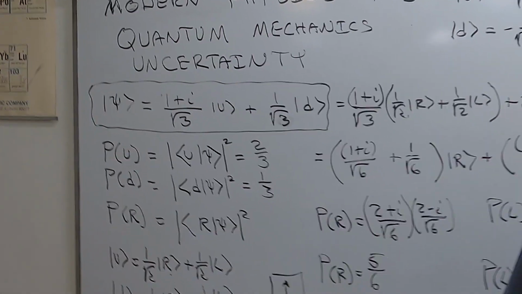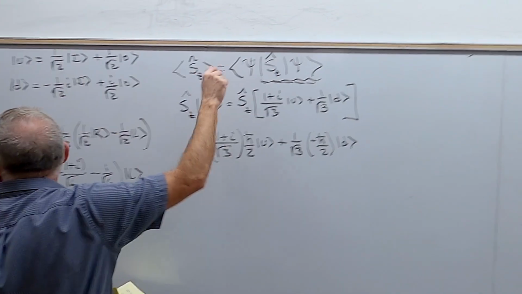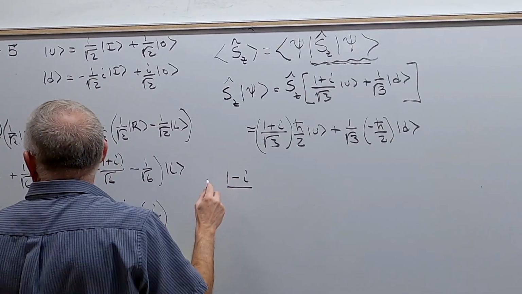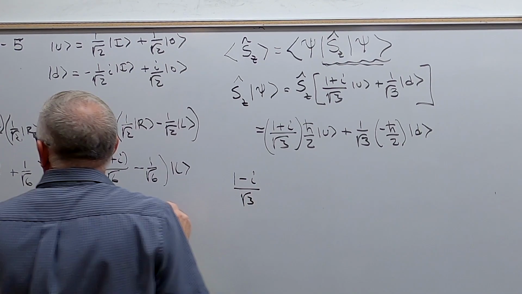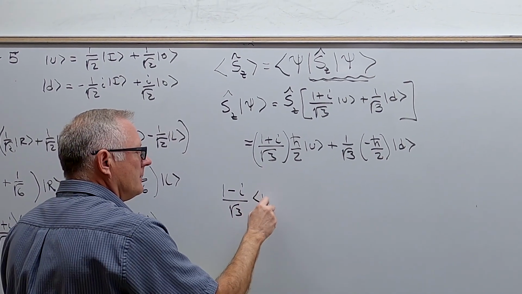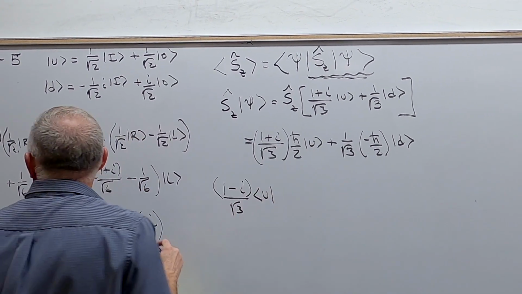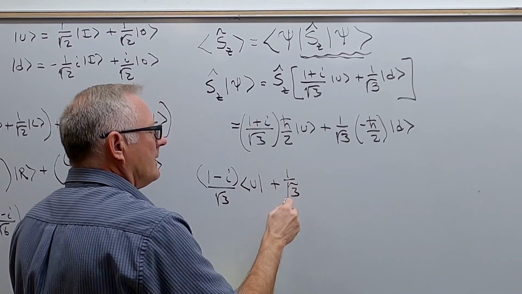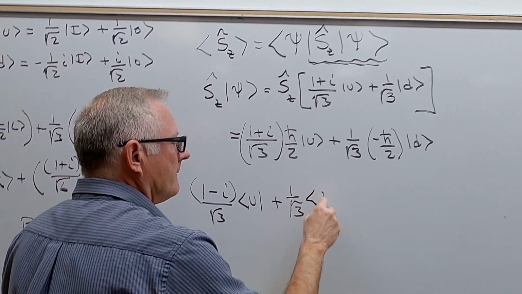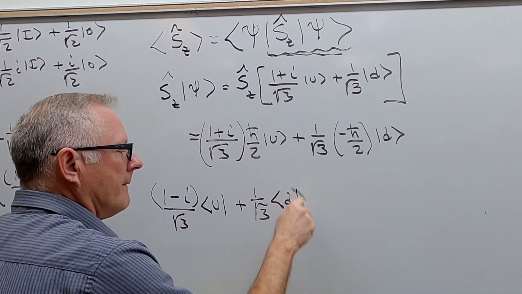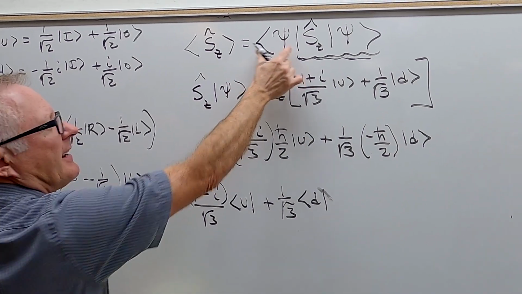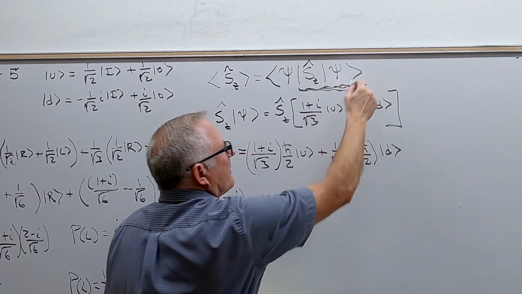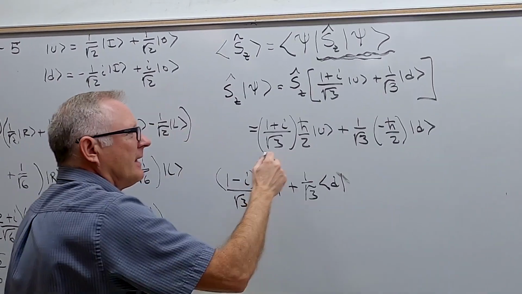So just this part right there will be 1 minus i over the square root of 3, bra up, plus 1 over the square root of 3, bra down. Okay, so there is that term. Then we have to do all of this, but we already did all that. It's right here. So that's the rest of it.